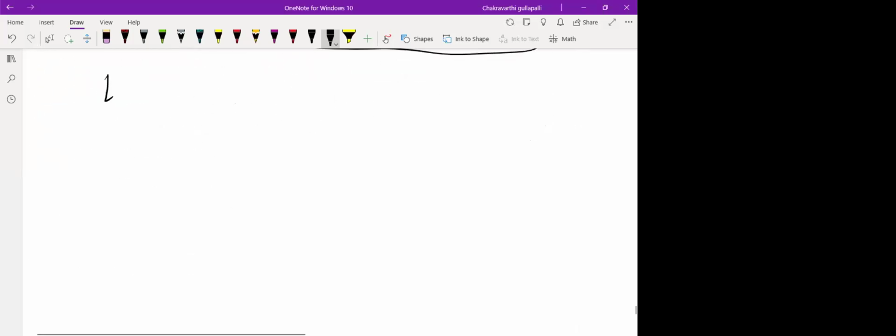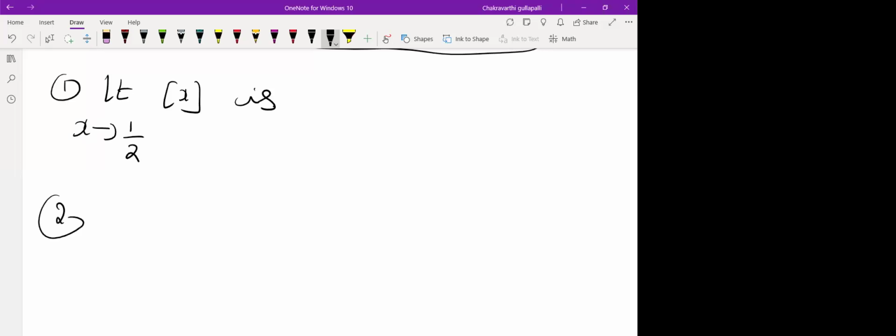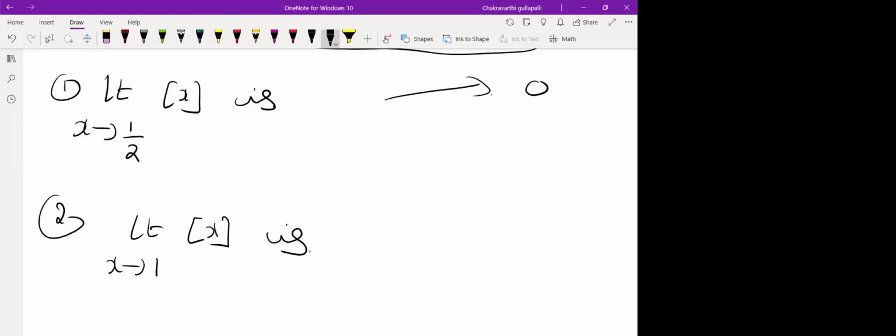First, limit x approaching 1 of box x. Then limit x approaching half of box x.